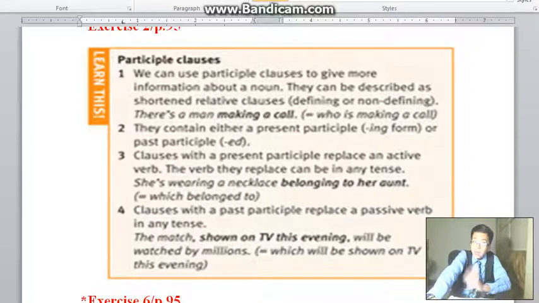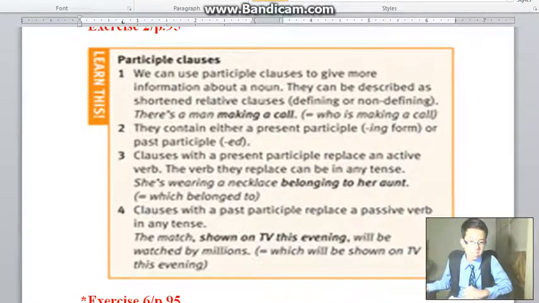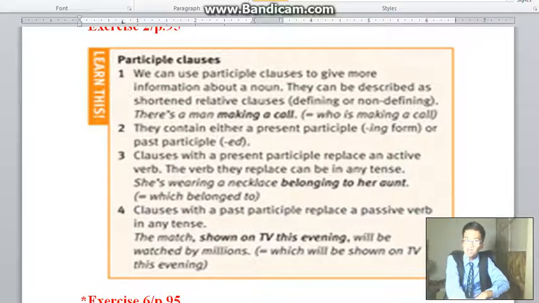The fourth one, clauses with the past participle replace a passive verb in any tense. So, clauses with the past participle can be replaced by a passive verb in any tense. Example, the match shown on TV this evening will be watched by millions. Or you can also say the match, which will be shown on TV this evening, will be watched by millions.